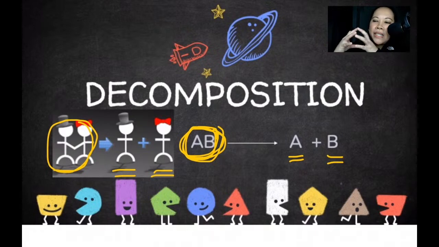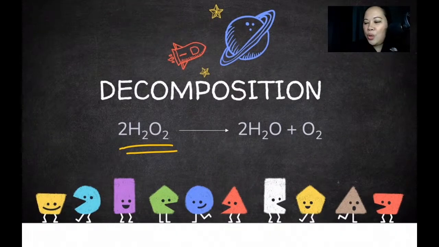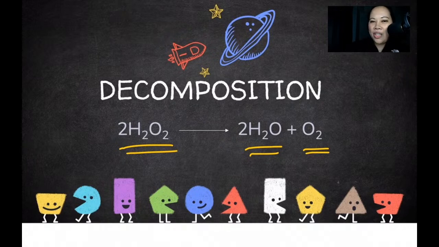So one substance breaks down to 2 or more. All right, so you have example 2H2O2 and it will form H2O and oxygen O2. Okay, so you have your dihydrogen dioxide and of course your water and oxygen.